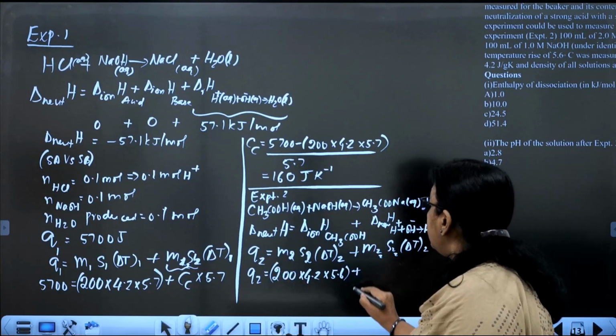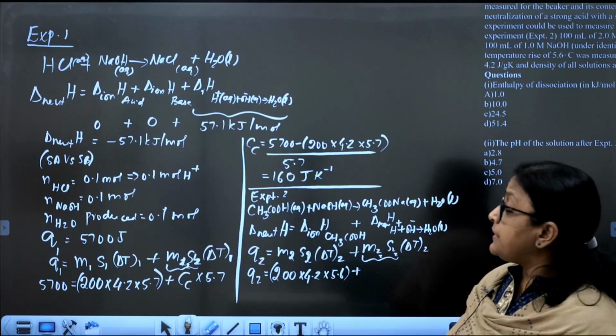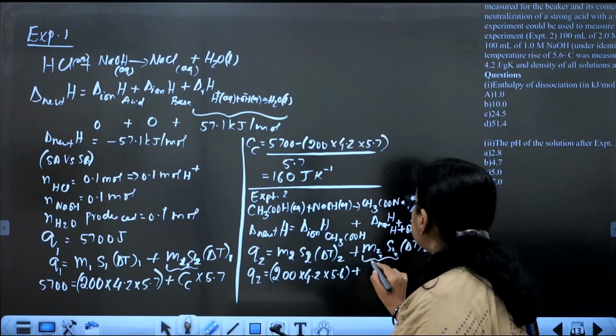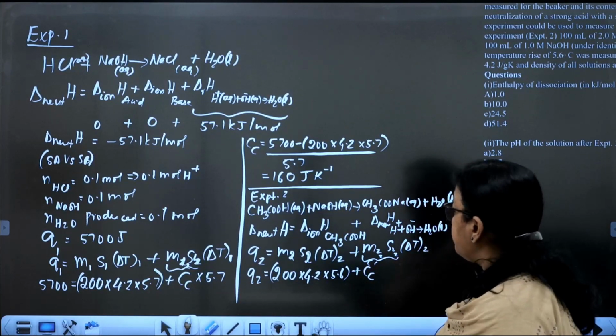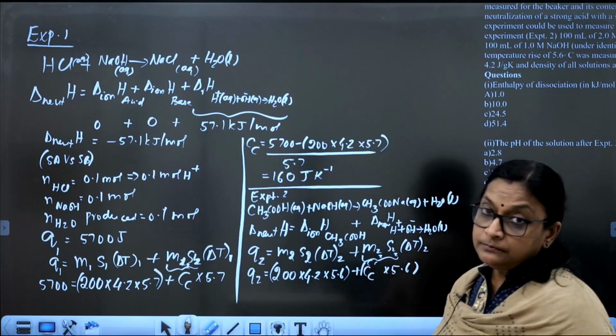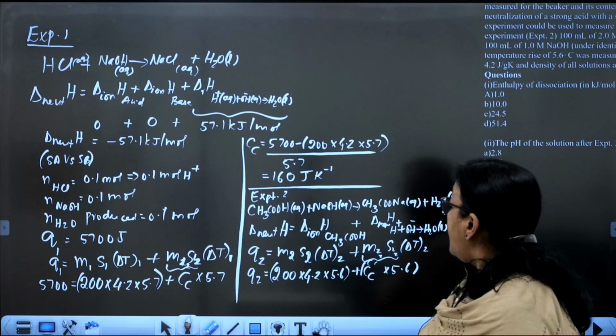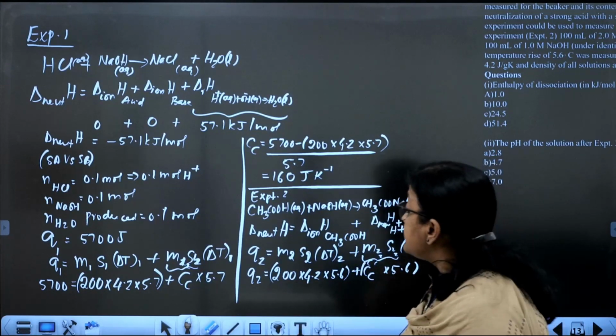Plus this is going to be the same because we have used the same calorimeter. So this calorimetric constant is the same as this. So we have put the calorimetric constant into 5.6. And the calorimetric constant, we already know the value, 160.